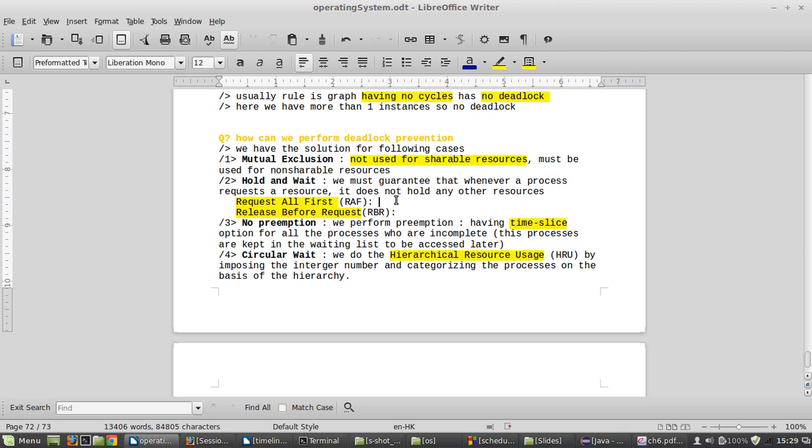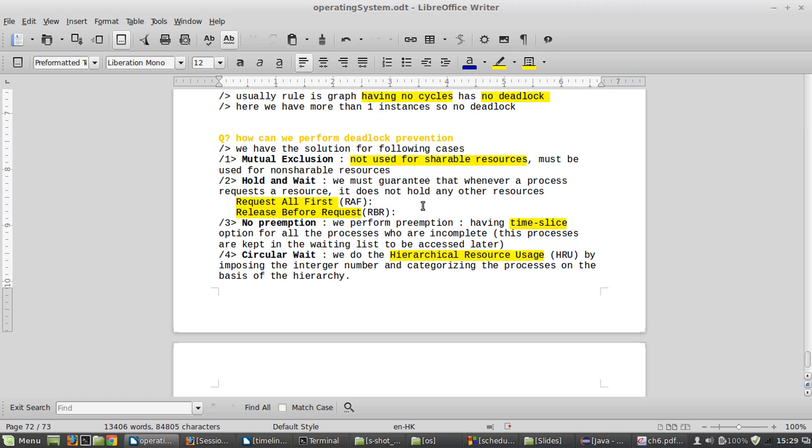It is mostly used for non-shareable resources, whereas for hold and wait, we have to use 2 kinds of approaches. That is, we request all the resources first, then only we release the resources, or we release all the resources before requesting.